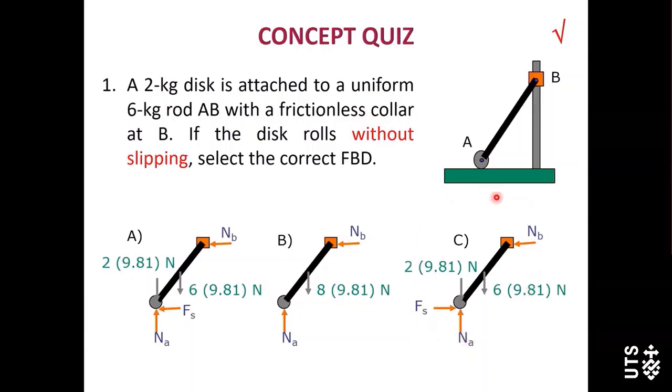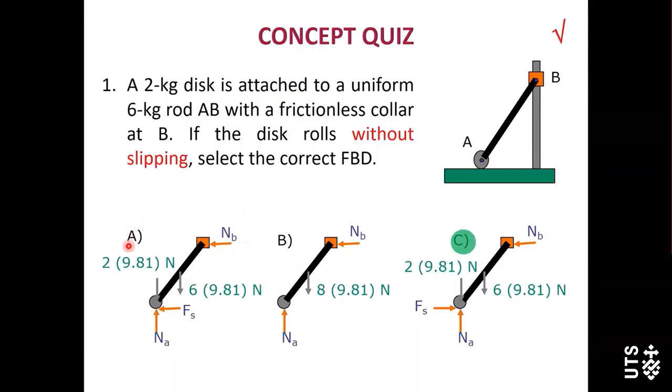The correct answer here should be C. But why are answer A and answer B, these two, incorrect?